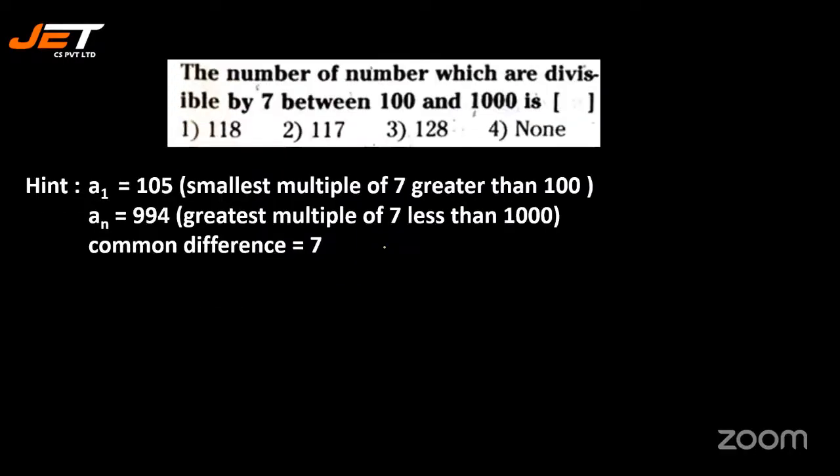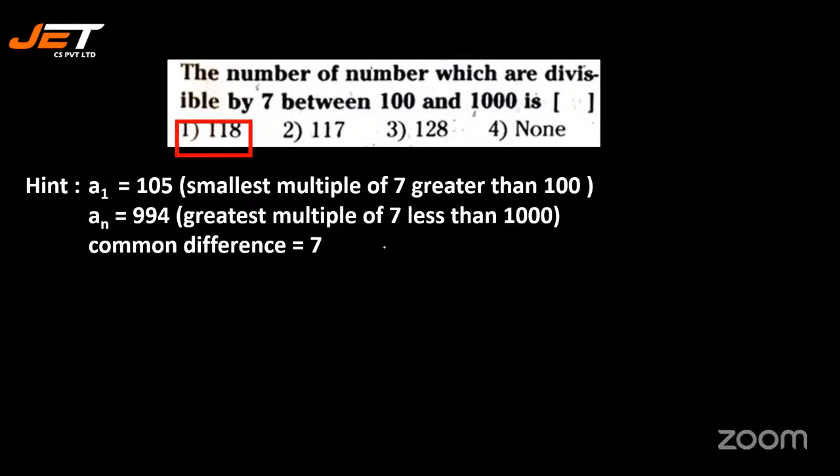The number of numbers which are divisible by 7 between 100 and 1000 is dash. So A1 is 105 from 100. So 105 would be the first number which is divisible by 7, greater than 100. Like that, the greatest before 1000 is 994, which is divisible by 7.